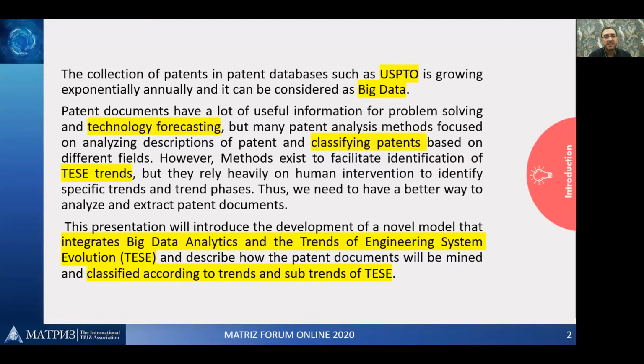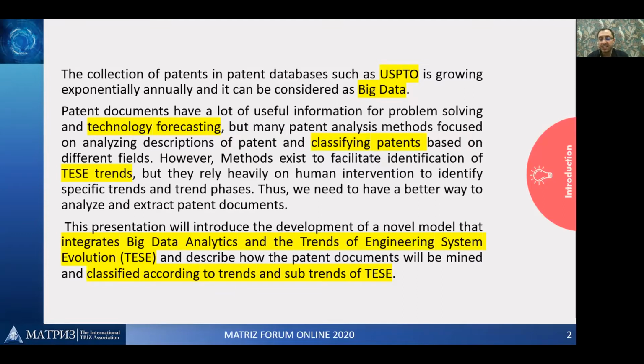Patents are increasing annually in databases such as USPTO, which is considered big data. Patent documents have knowledgeable information for problem solving and technology forecasting. Patent analysis includes analyzing the description of patents and classifying them.